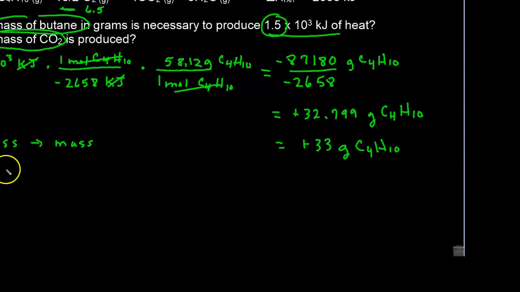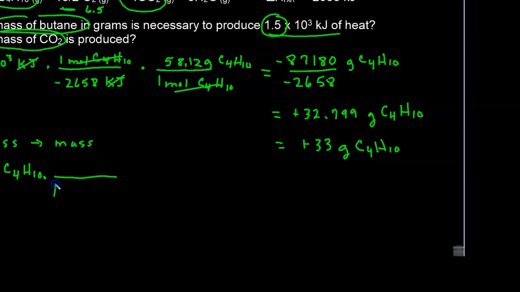Okay, so mass to mass, so I've got my 33 grams of my butane, and I know, again, my mole to mole ratio conversion is, I need my butane and I need carbon dioxide. So butane being here, carbon dioxide being there.